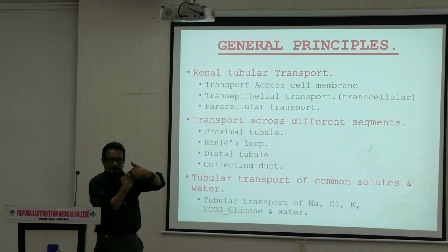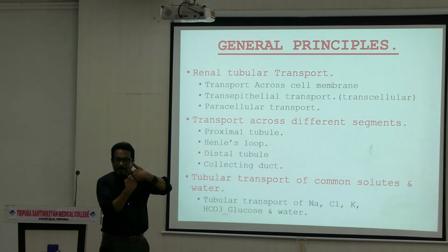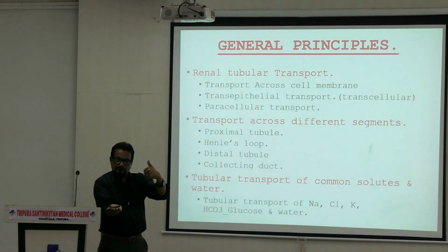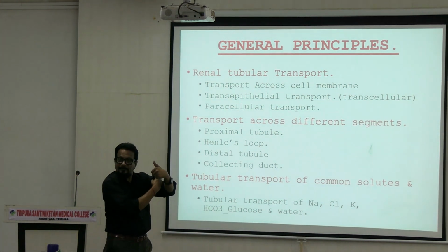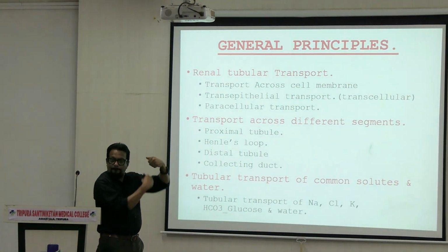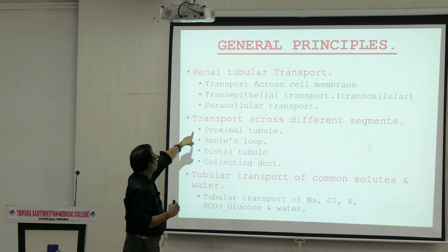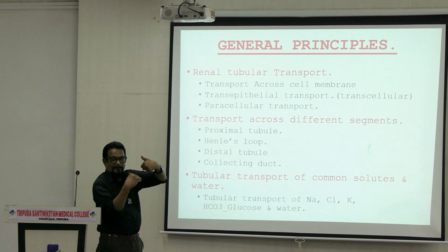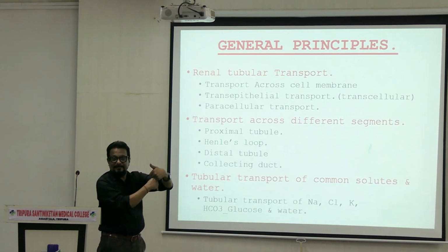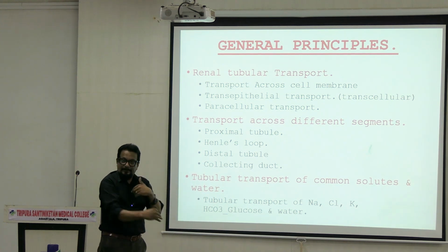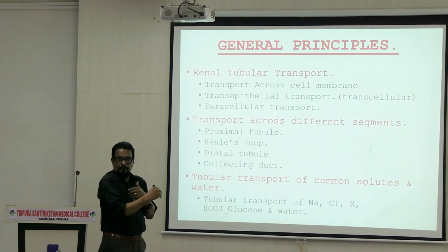In between the cells there is a gap, but it is sealed by tight junctions. But some solutes can pass through these tight junctions from the lumen. This is called paracellular transport. So through the paracellular space, it will enter into the interstitium, then into the capillaries. So this is the route.